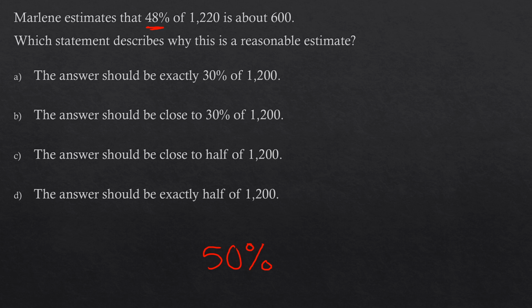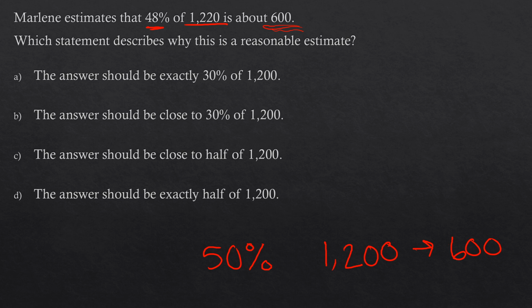And when you take 50% of anything, you're essentially just cutting it in half, because 50% is another way of saying 1/2 or 0.5. And if I look at this 1,220, this is very close to just 1,200, right? So half of 1,200 is just going to be 600, which is where she gets this.